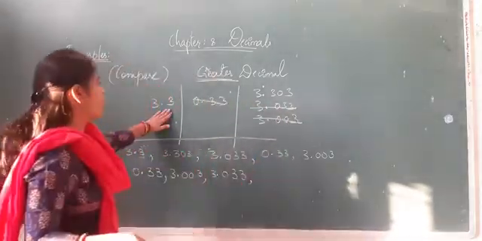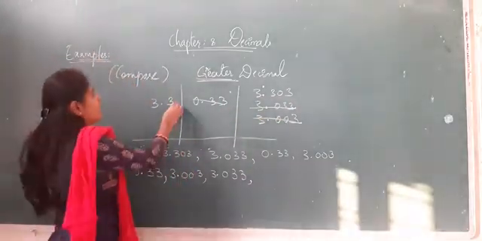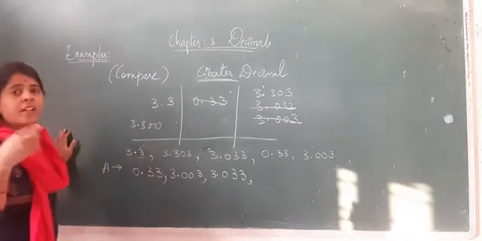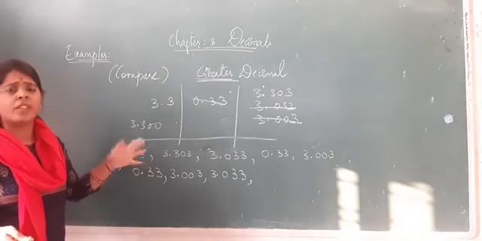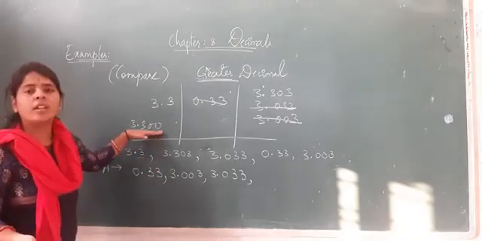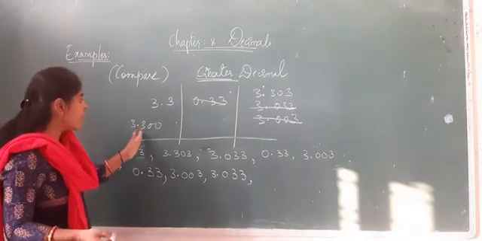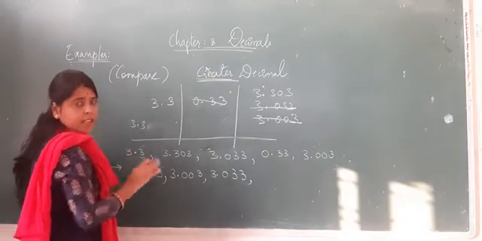Okay. 3.3, this is over, this is over, this is over. Then next left out are 3.3 and 3.303, right? So if nothing is there, it can be considered as 0. After the decimal, if we put any number of 0s, that will not be considered. It is the 0 itself, okay? But after the decimal, when nothing is there, you can consider it.